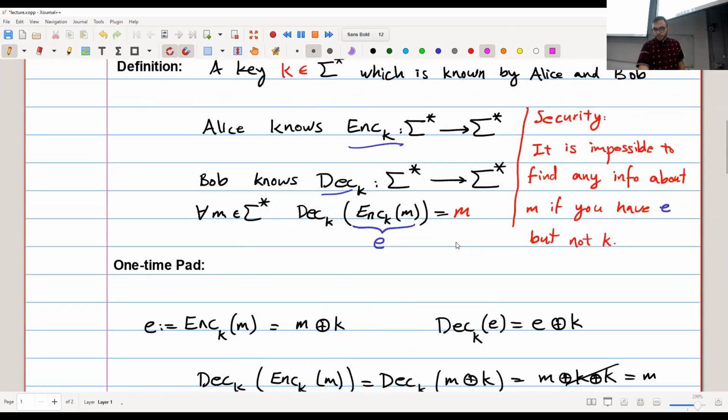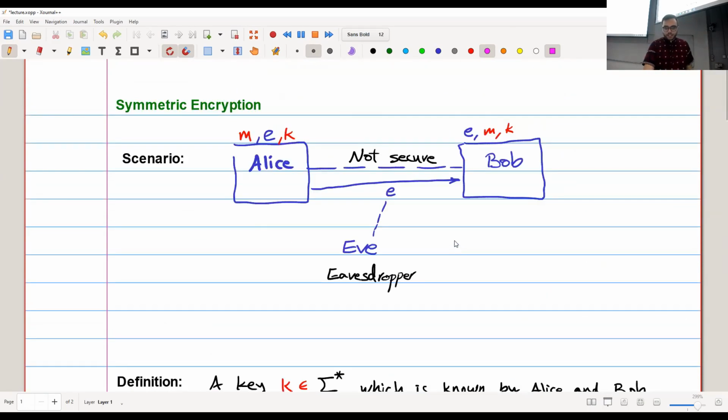Now, of course, the next problem is, how do we have these shared keys? So let's say that I want to read my email from Gmail, for example. And let's say they're using this. They're not using this, but let's say they are. Well, I need to have a shared key at the beginning before they can even send me anything.